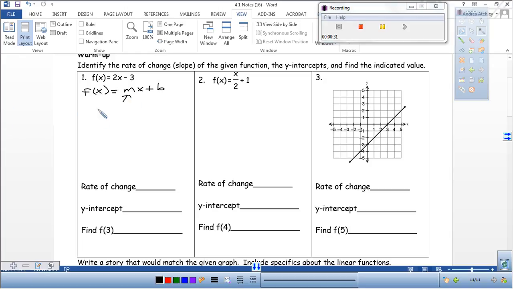Remember, the slope, or the m, is the rate of change. Okay, so in this case, the rate of change is the 2. The b is the y-intercept.